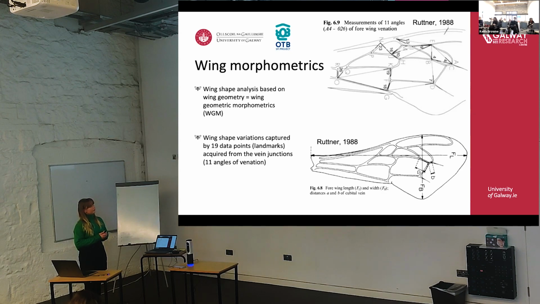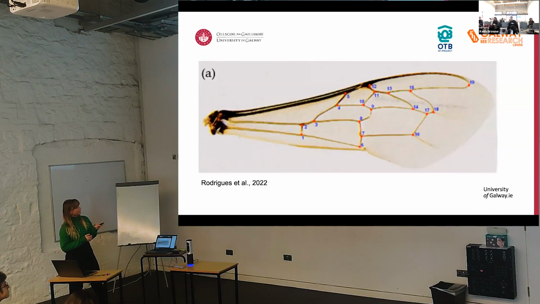Modern wing morphometrics, however, now relies on the shape variations between 19 data points or landmarks across the wing, and these 19 data points are based on these 11 original angles. Here we have these 19 data points. These are measured in X and Y coordinates, and it's the deviations in these positional coordinates that's specific for the subspecies of Apis mellifera.